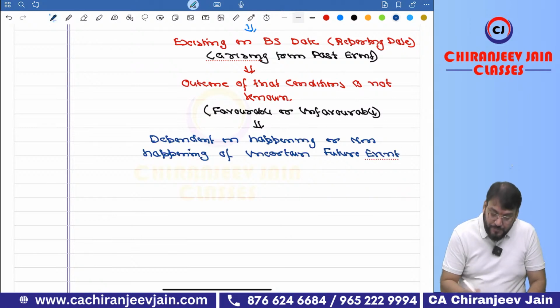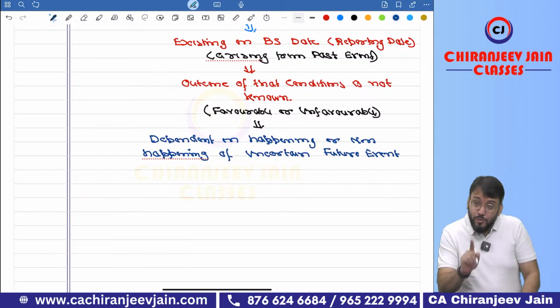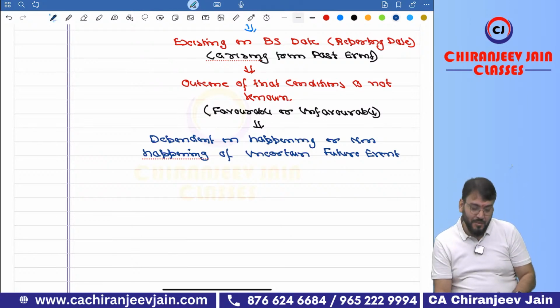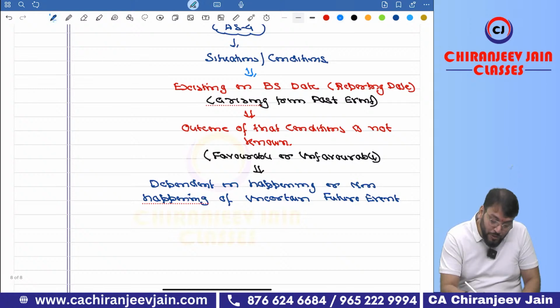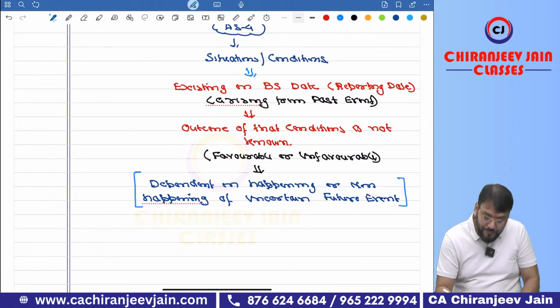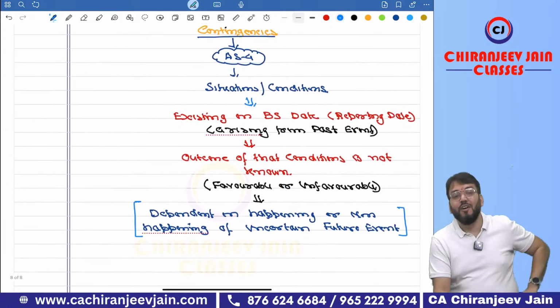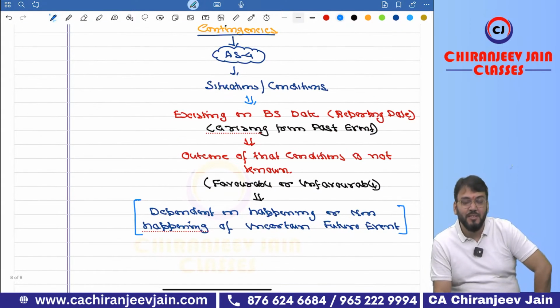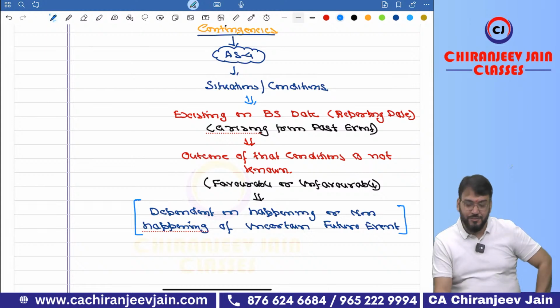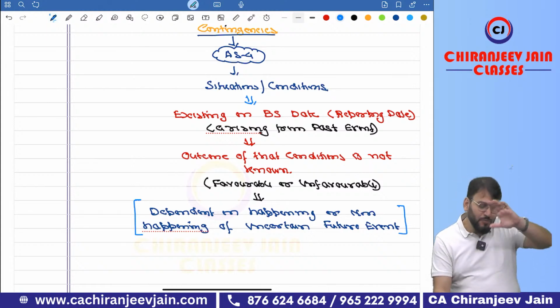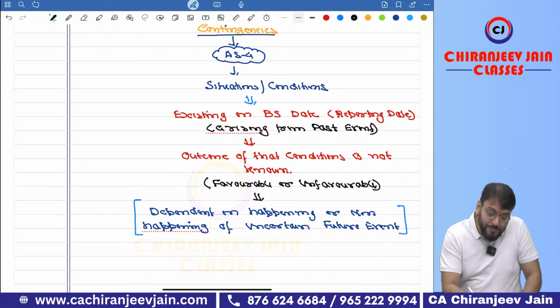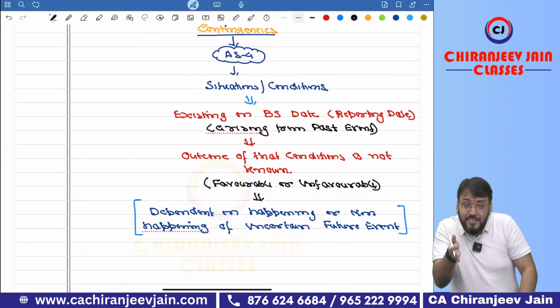Here the future event is uncertain, and because of that the outcome is not known. This is the meaning of contingencies. One thing is clear: contingencies exist on the balance sheet date.